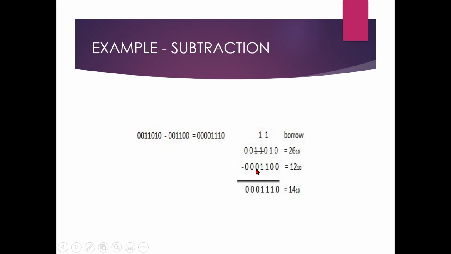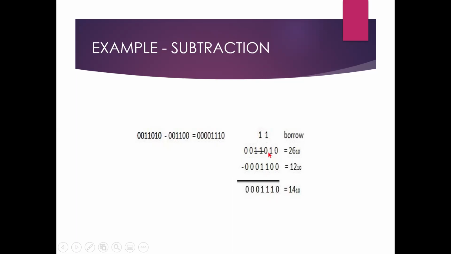As I told you, the left side zeros do not have any value. Now, subtraction, 0 minus 0, 0. 1 minus 0, 1. 0 minus 1. You are going to borrow 1. When you borrow 1 here, it becomes 1, 0. 1, 0 minus 1, 1. 1, 0 is actually 2. So 2 minus 1, 1.